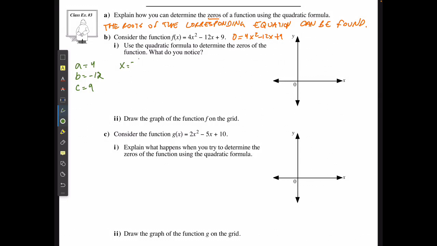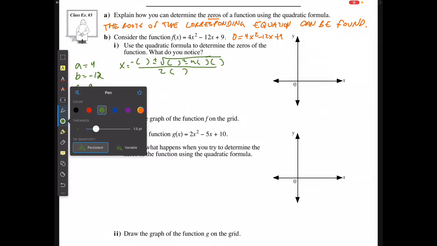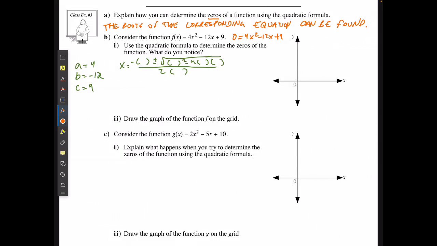X is equal to negative bracket bracket plus or minus the square root of a number squared minus 4 times a number times another number, all divided by 2 times a number. In this case, my b goes here and here, my a goes here and here, and my c value goes here.